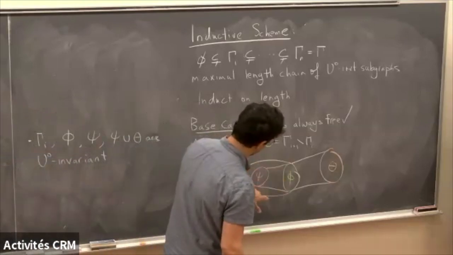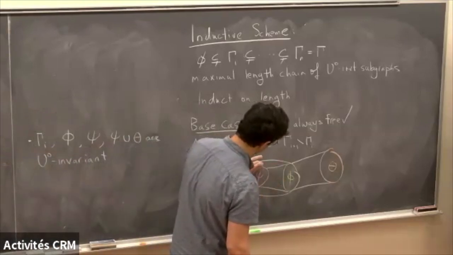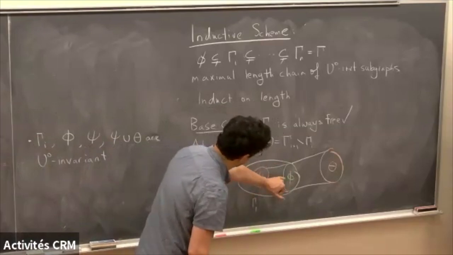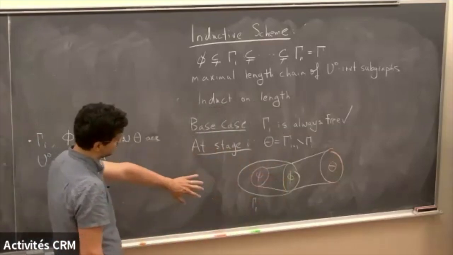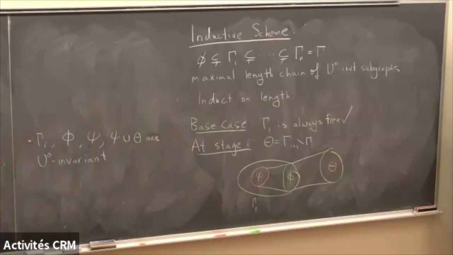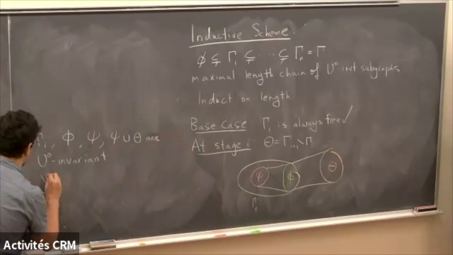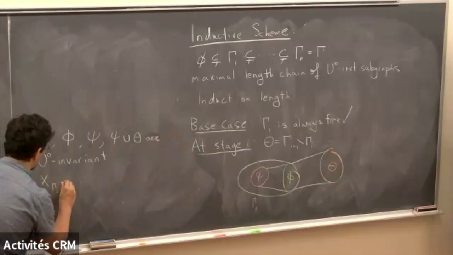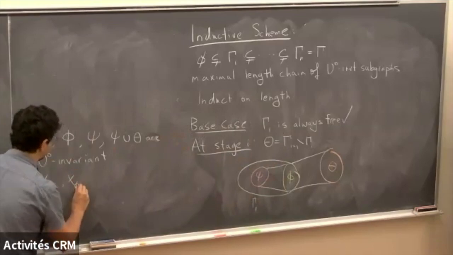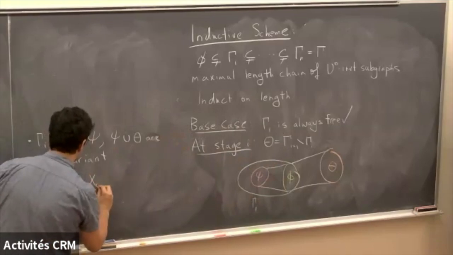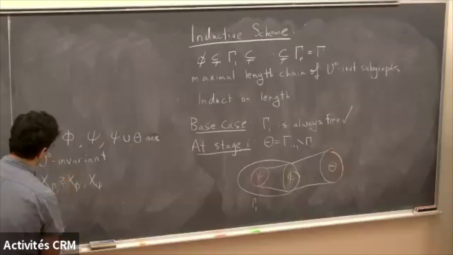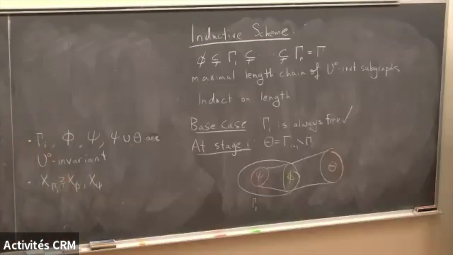And it turns out that you can arrange so that the complexes for C and phi sit inside of here as subcomplexes. We have complexes already, X gamma I, we have X phi and X C. And these two sit inside of there as subcomplexes.